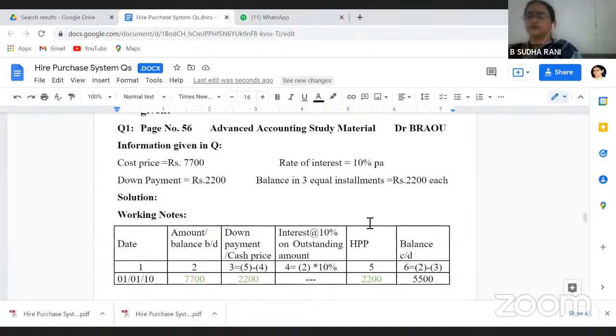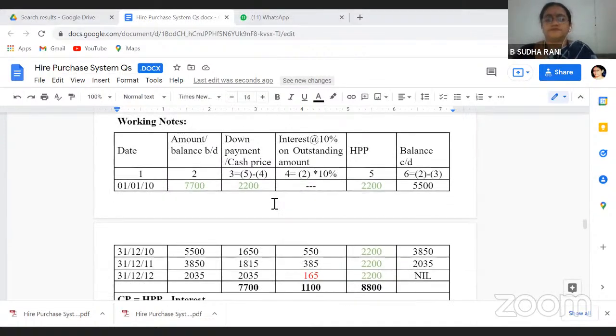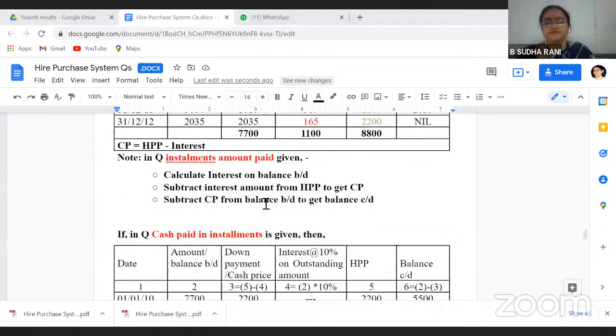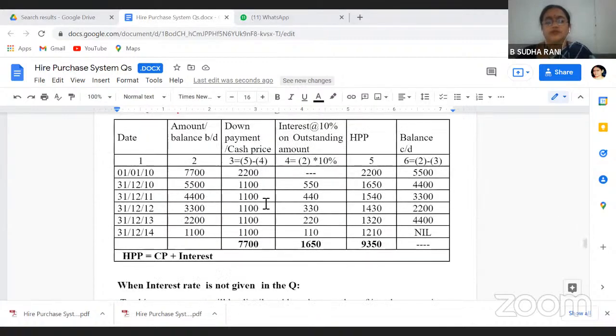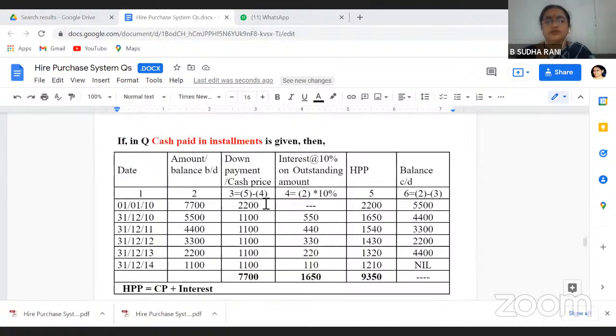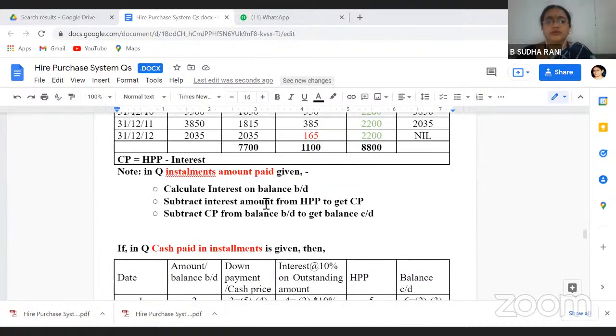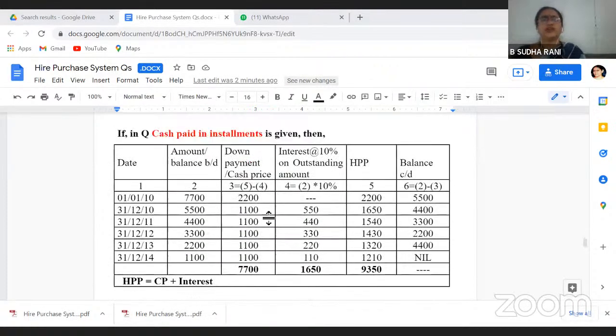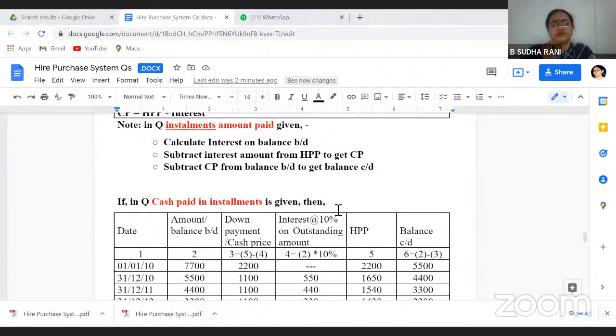Please respond in the chat box. It is already here, I took it. If cash price is not given, payment in installments is given.